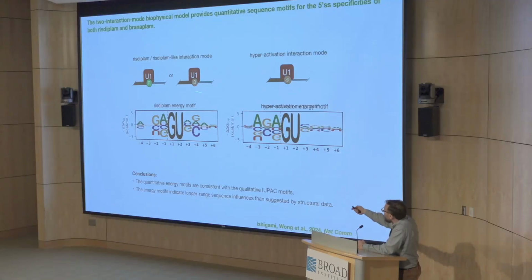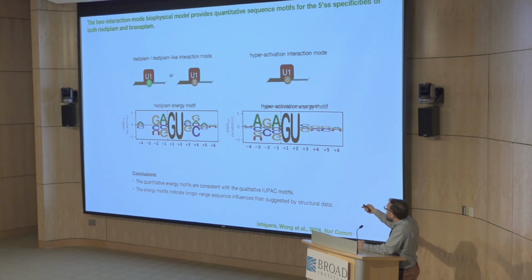The risdiplam interaction mode had this sequence-dependent binding energy. The y-axis here is the Gibbs free energy in kcal per mole effects of each variant nucleotide at each position. Branaplam, and the model also describes a second binding mode for branaplam that's described by this hyperactivation motif.